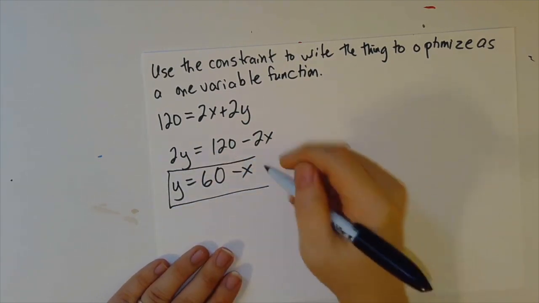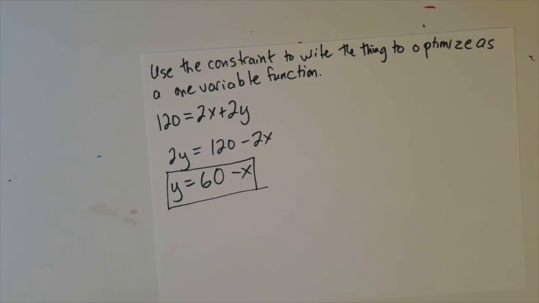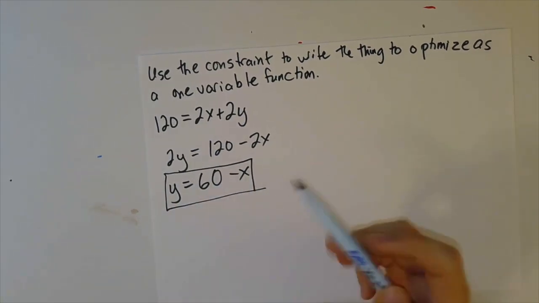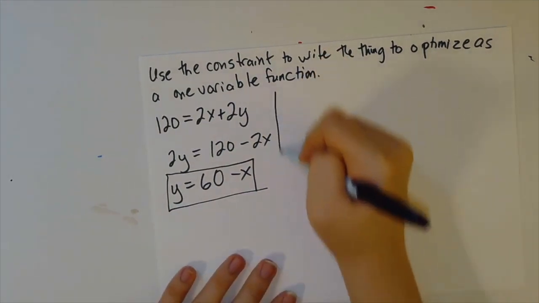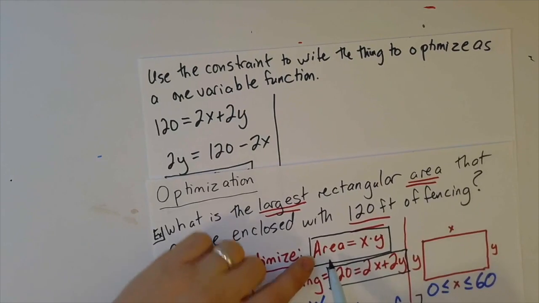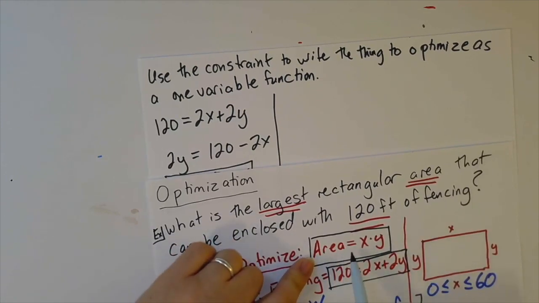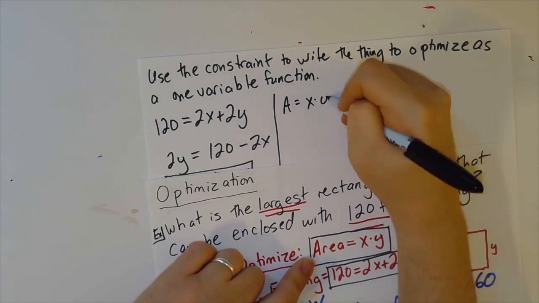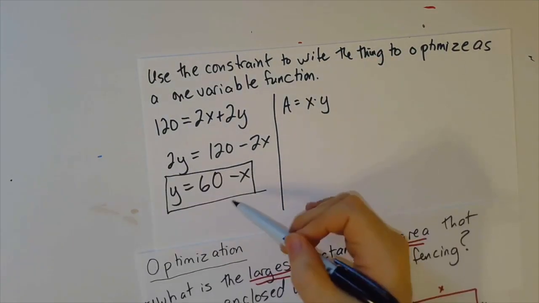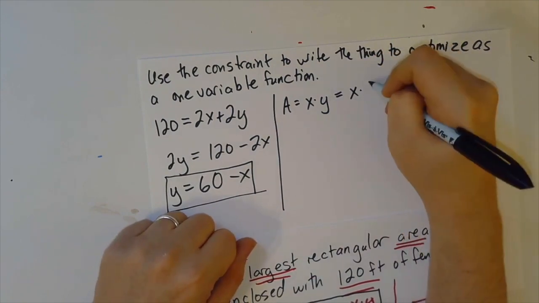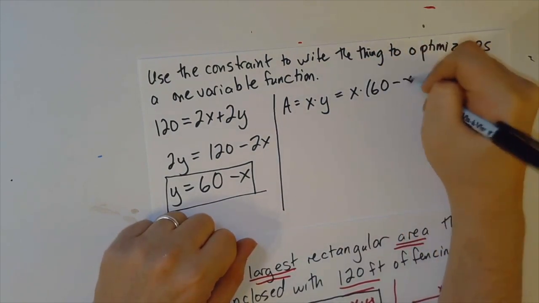Okay, and that is our majestic relationship between y and x. And I'm going to use this to rewrite my thing to optimize, namely my area, which I've written previously as x times y. My area is x times y, but y is 60 minus x, so this area is x times 60 minus x.